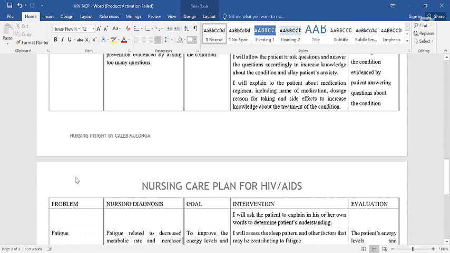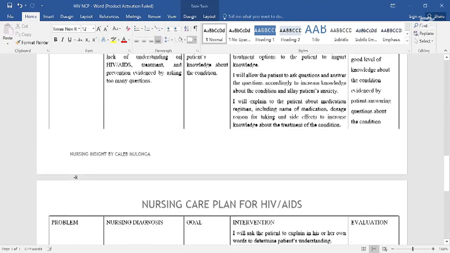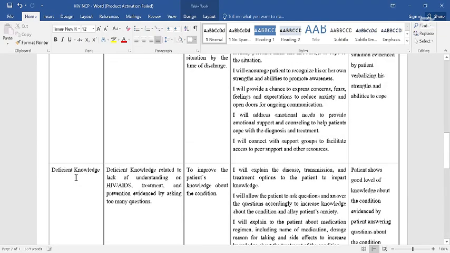So you are going to explain to the patient about the medication regime that they are going to be on. And lastly, I will ask the patient to explain in his or her own words to determine the patient's understanding. So I will ask the patient to now explain the condition the way they've understood it in their own words. And this will help us to understand if the patient has actually understood.